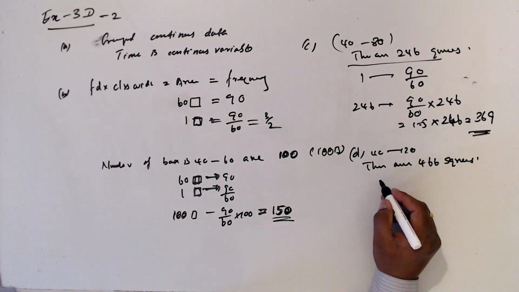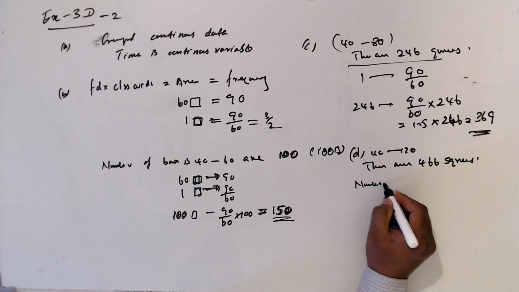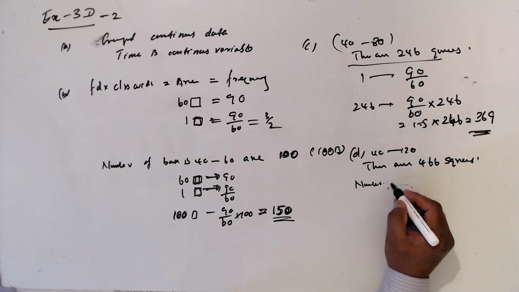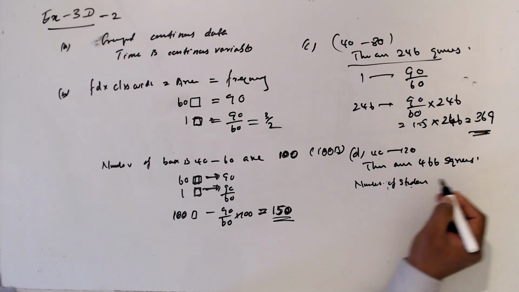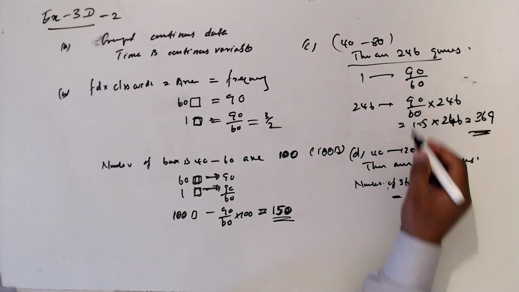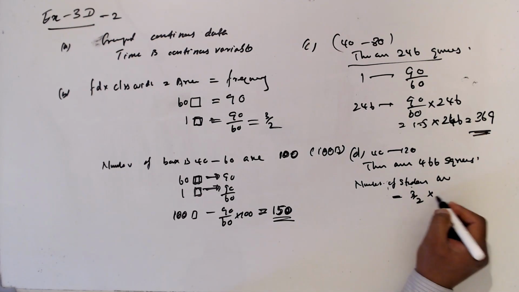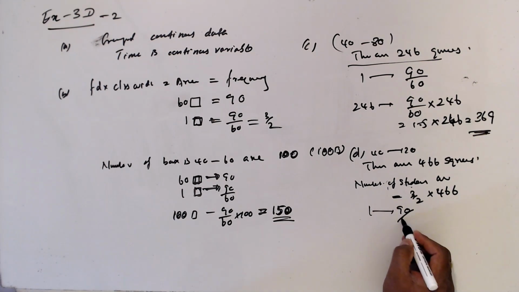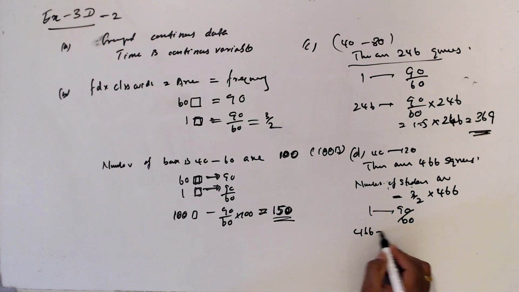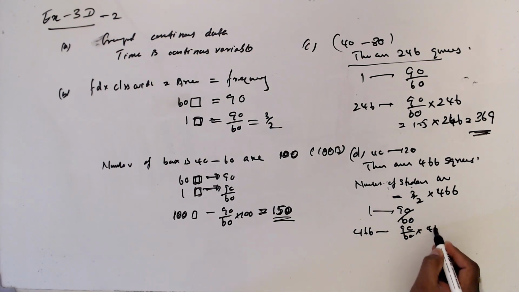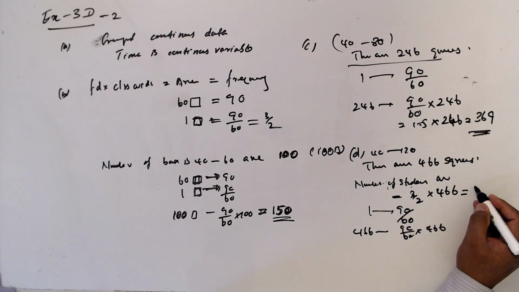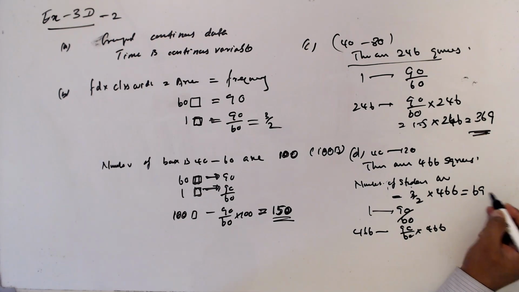The number of students, this is the ratio 3 over 2 multiplied by 466. One box is 90 over 60, so 466 squares is 90 over 60 multiplied by 466, which is going to be 699.